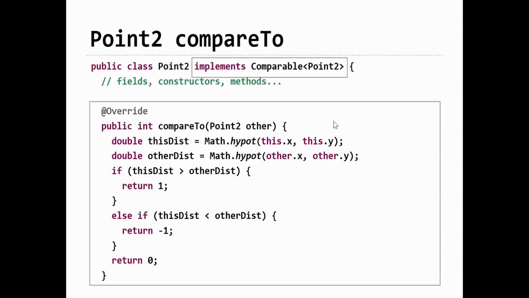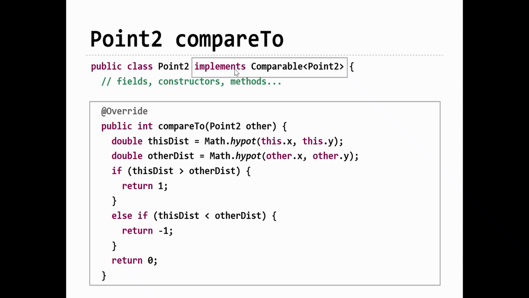Okay, so if you decide that you want to implement compareTo, then what you should do is tell everybody you're going to implement compareTo. The way you do that in Java is, after your class name, you tell other classes that point2 implements the comparable interface. So you write implements comparable and then point2 inside the less than and greater than sign.